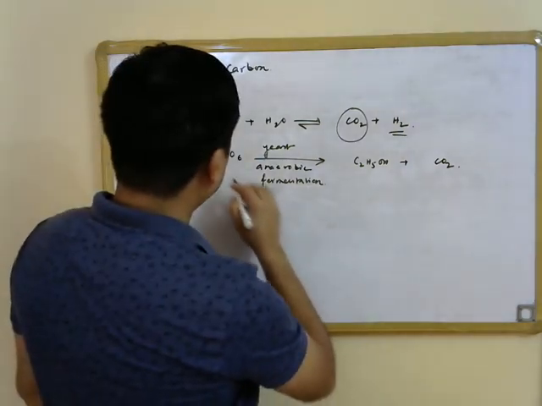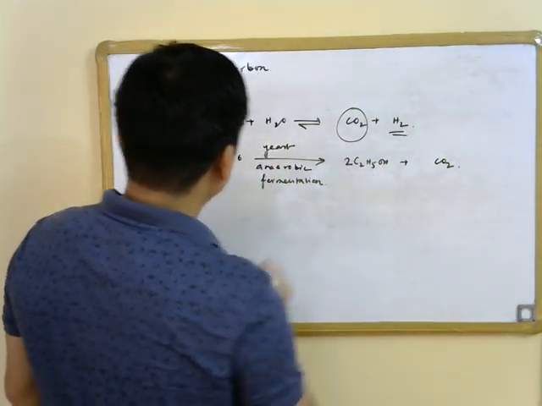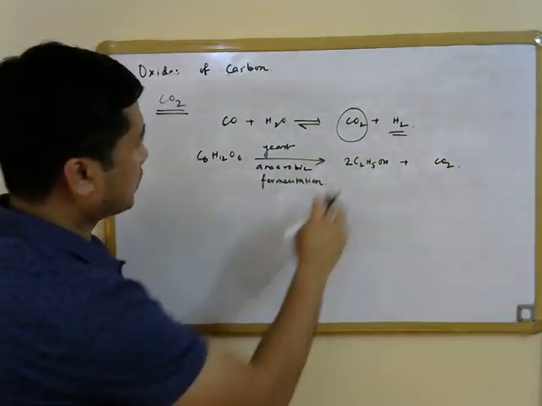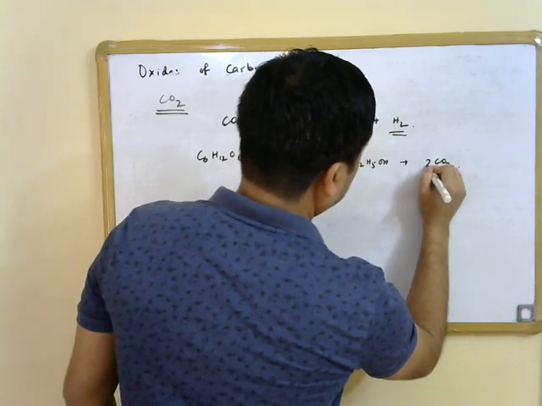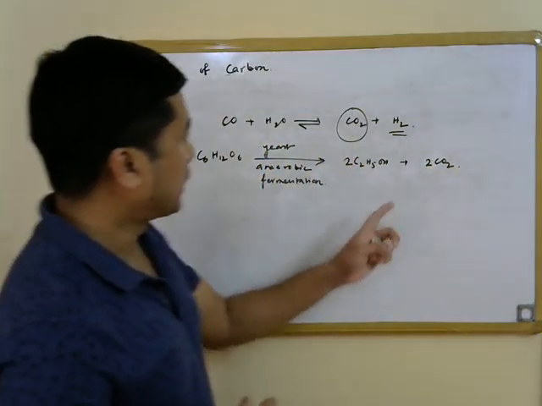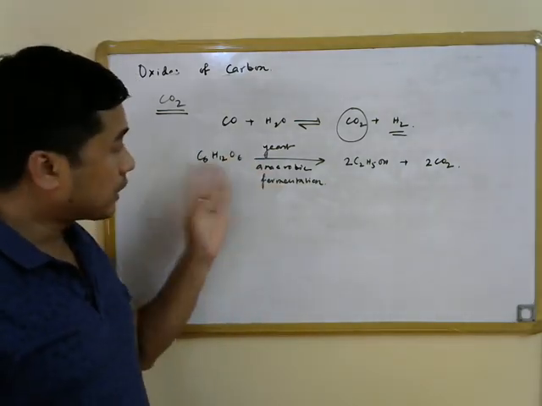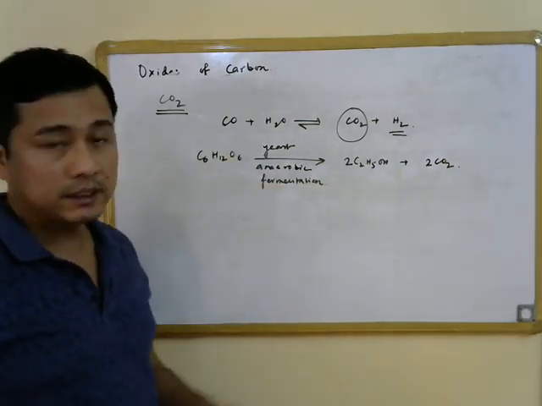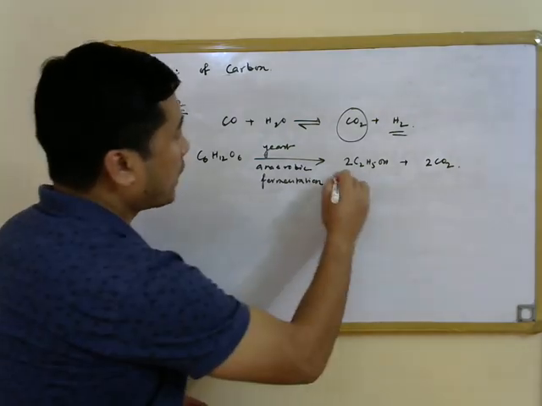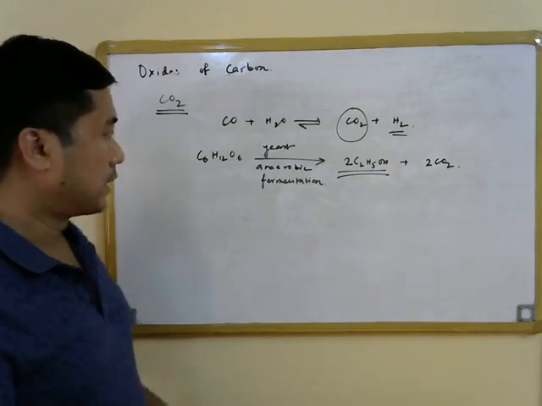So we can write 2 here, so that it will make this also 2, then the reaction gets balanced. This is again an industrially important reaction, because this reaction is important for production of ethanol in breweries essentially.